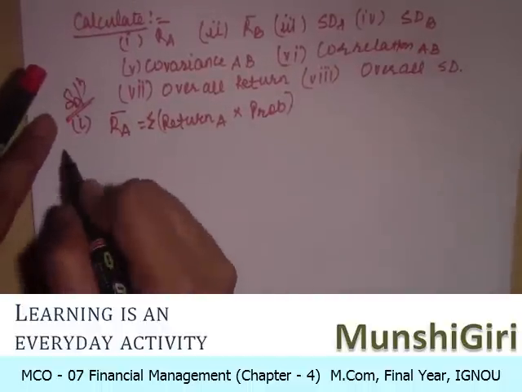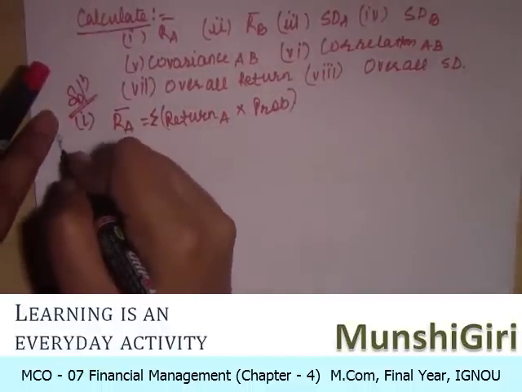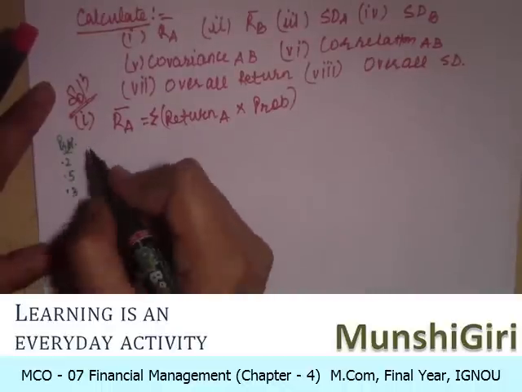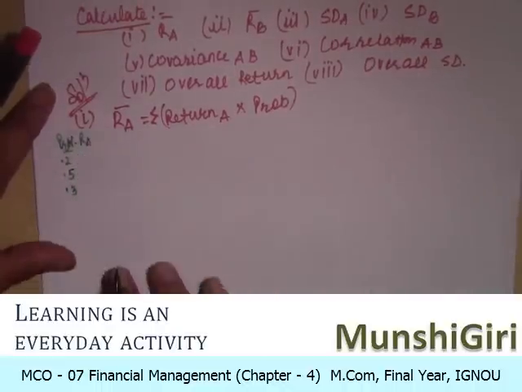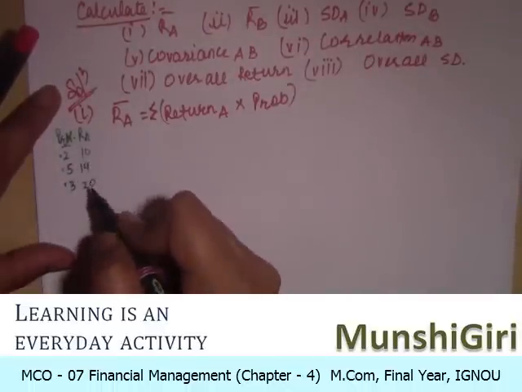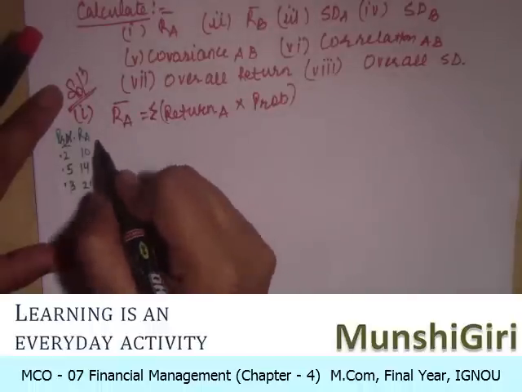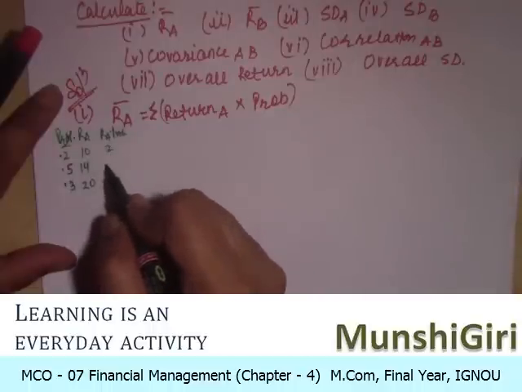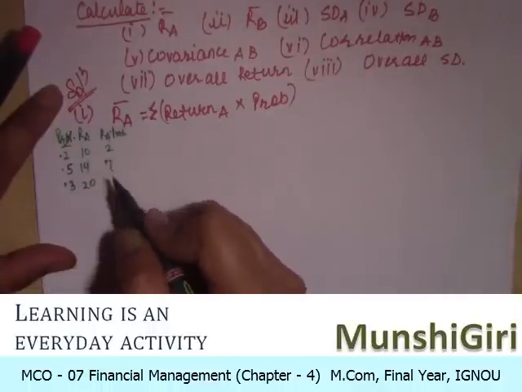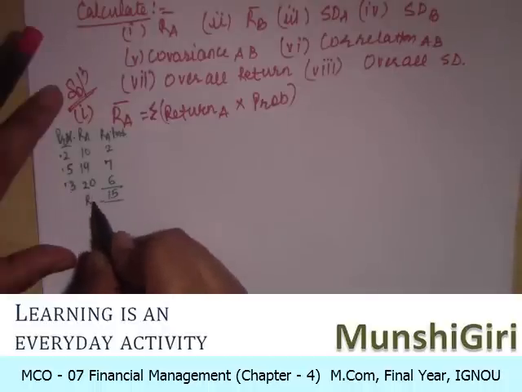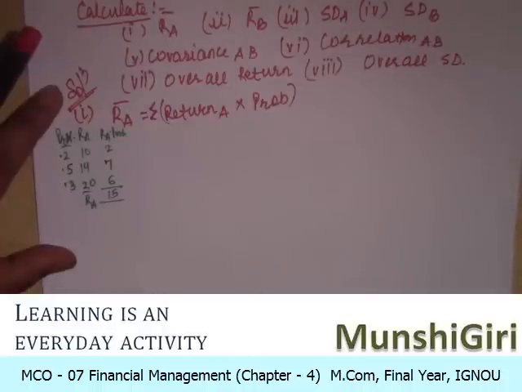Probability is 0.2, 0.5, 0.3. Return of A is 10, 14, 20. So expected return of A is return of A into probability. This is 2, this is 7, and this is 6. So add this up. This is 15. Expected return of A is 15.